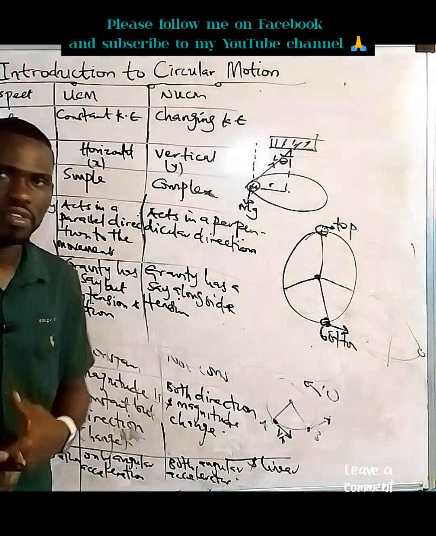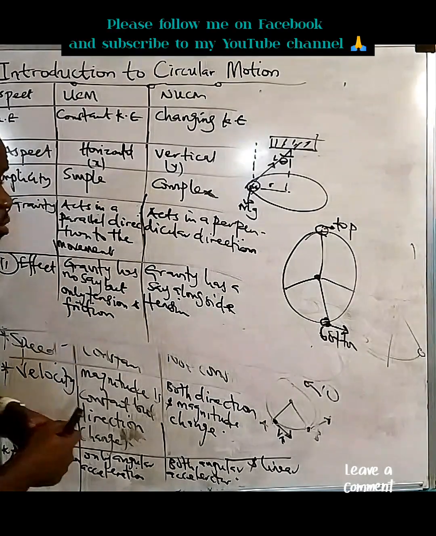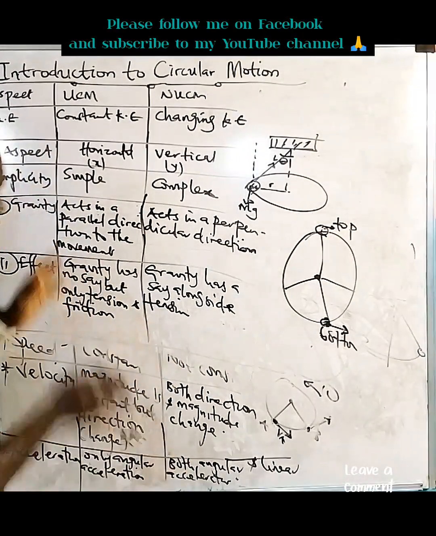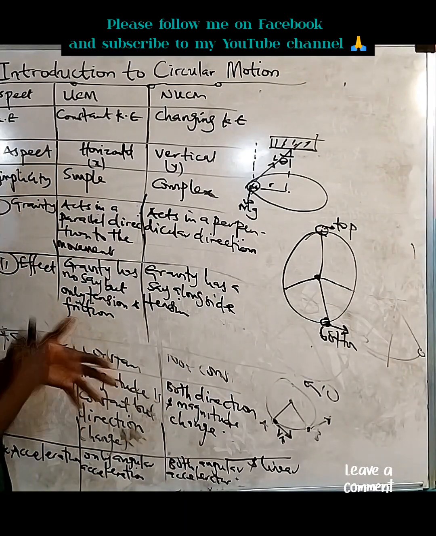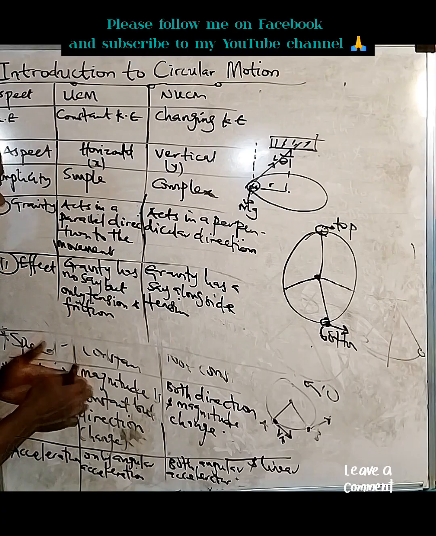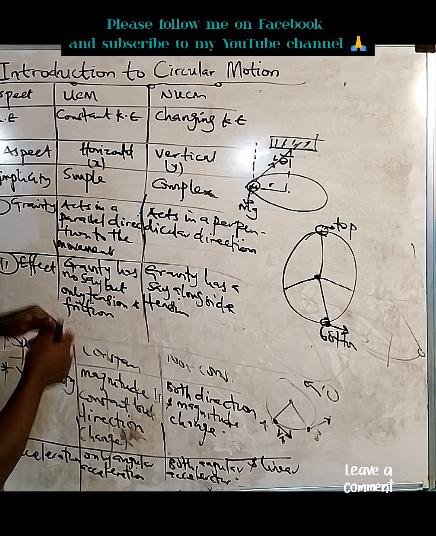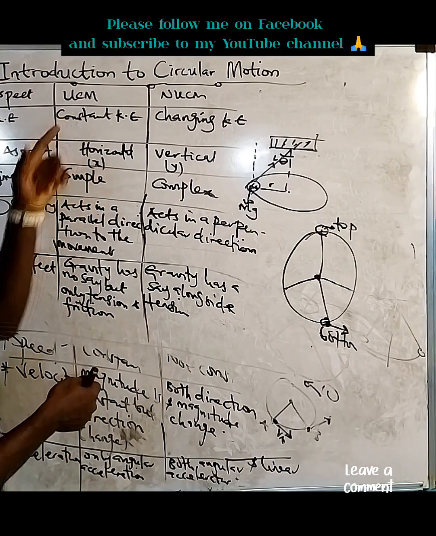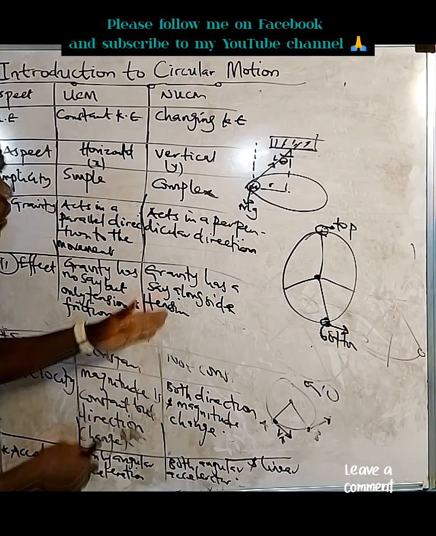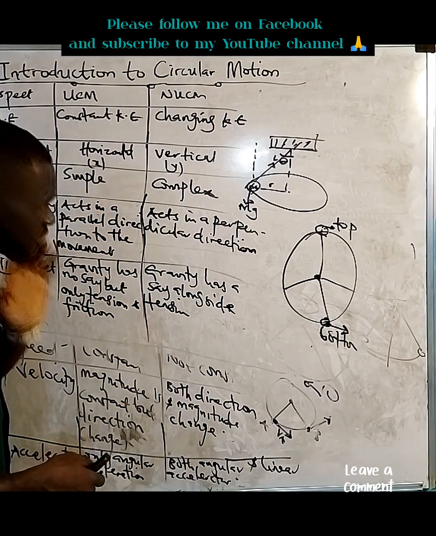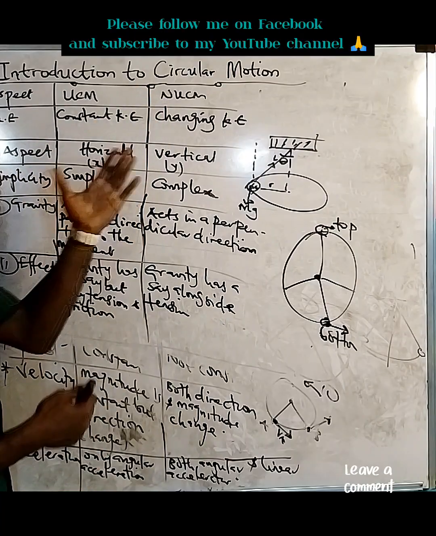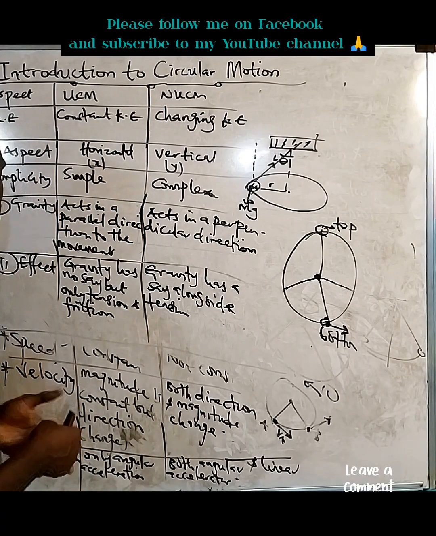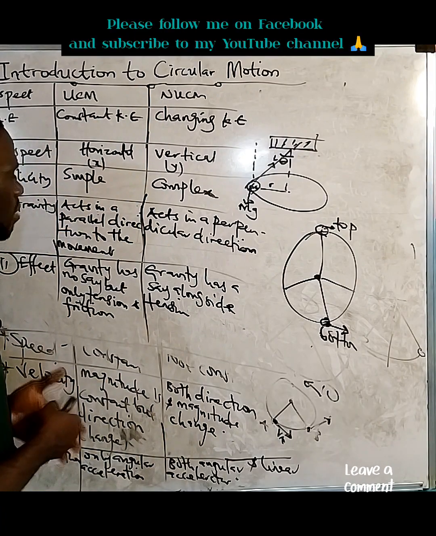We have a couple of other differences, but we will not be able to take them all. You can find a couple of other differences yourself. The one major thing is this horizontal movement shares a whole lot of stuff with the uniform circular motion, while the vertical circular motion is very much like the non-uniform circular motion. Also, we can give one more difference between them.